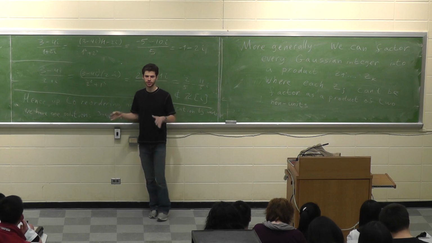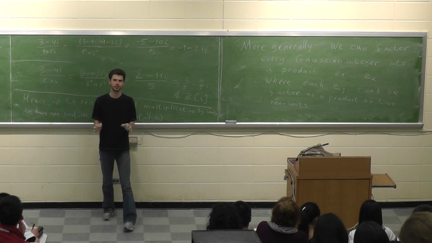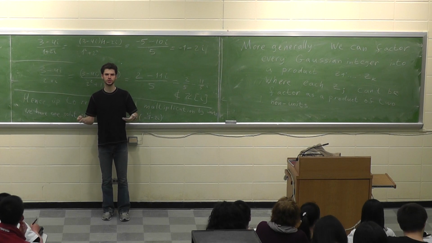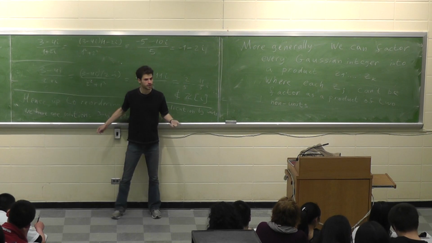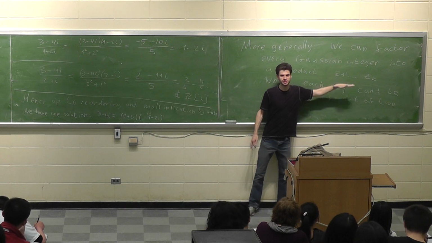So we can always take a number and keep factoring it. If it's factorable, we'll factor it and then factor each one of its factors. If it's not factorable, we'll just take this number and write it as itself.